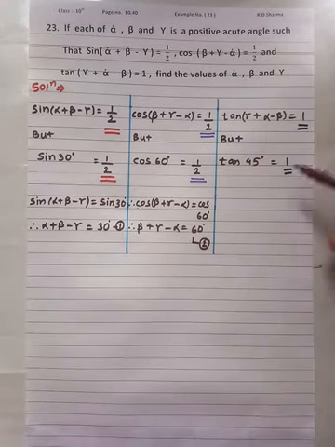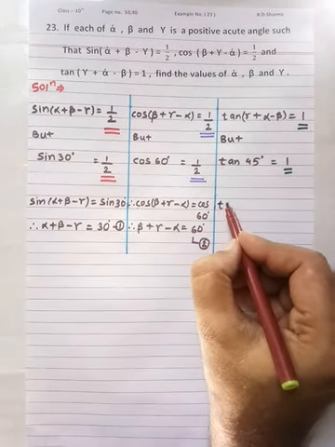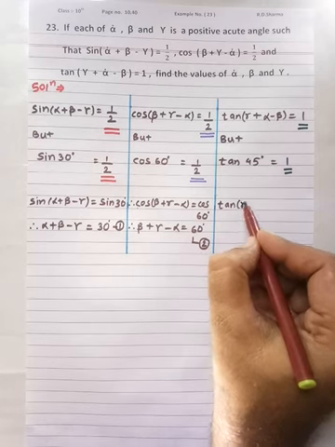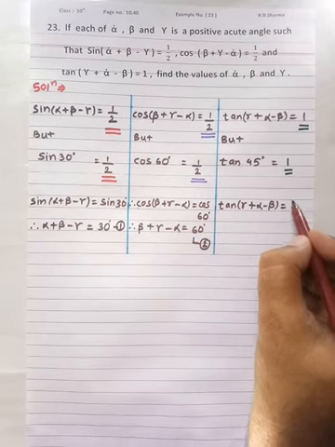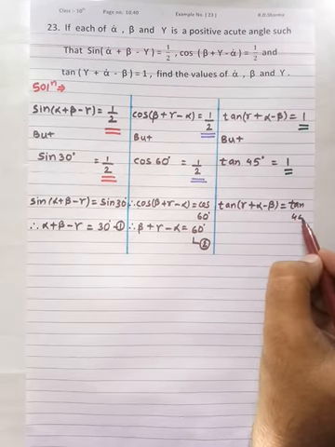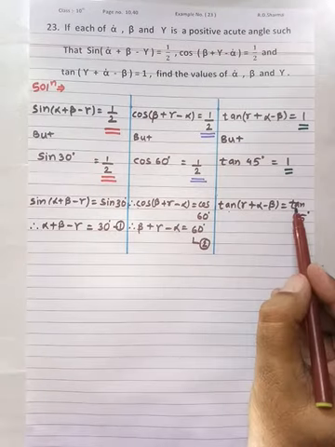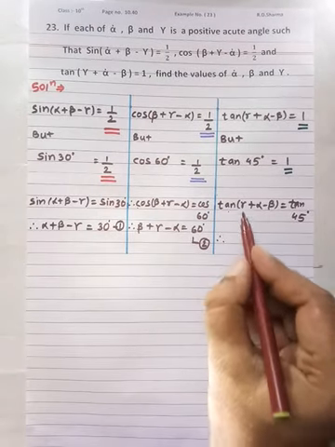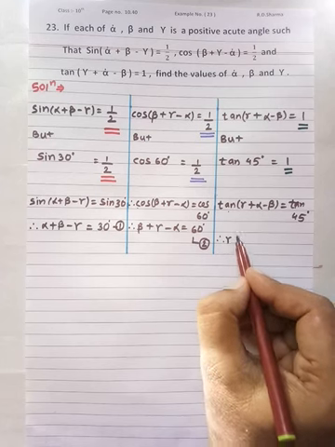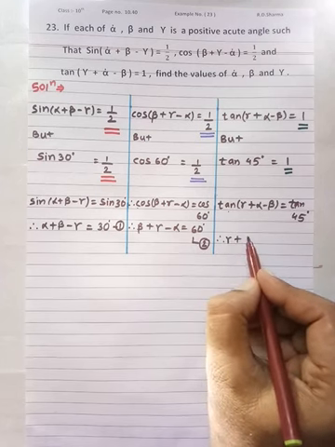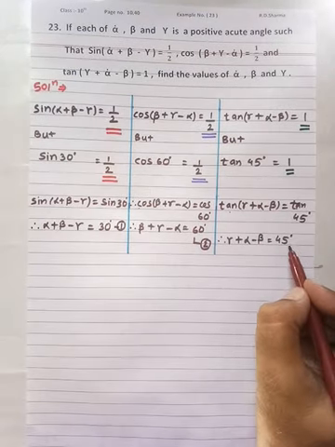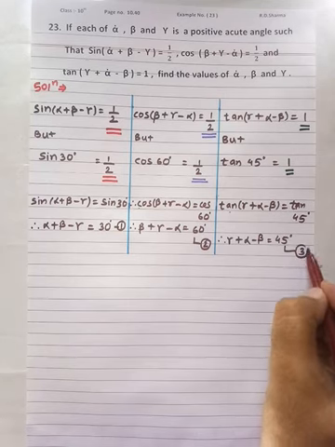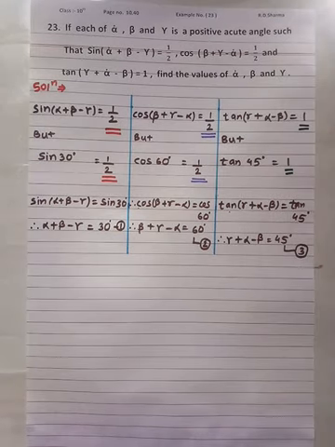The conclusion from these two is tan(gamma plus alpha minus beta) is equal to tan 45 degrees. Comparing tan with tan, gamma plus alpha minus beta is equal to 45 degrees. This is equation number 3, and we want to find alpha, beta and gamma. These are important steps, my friends.